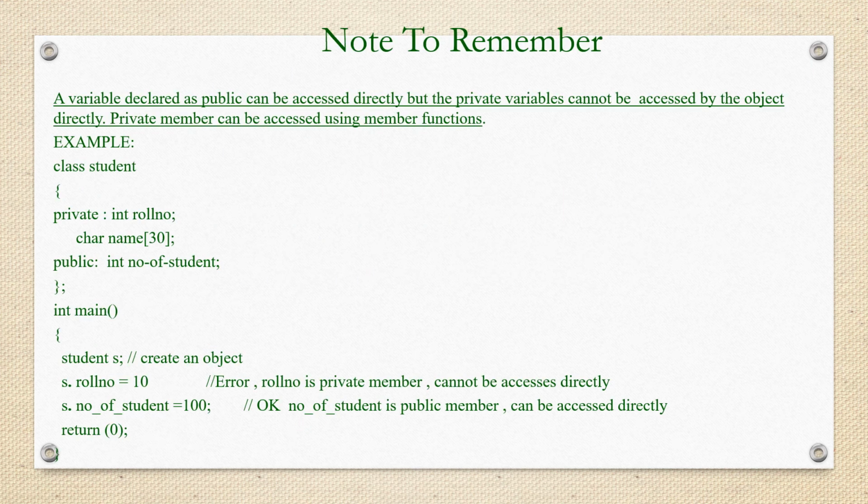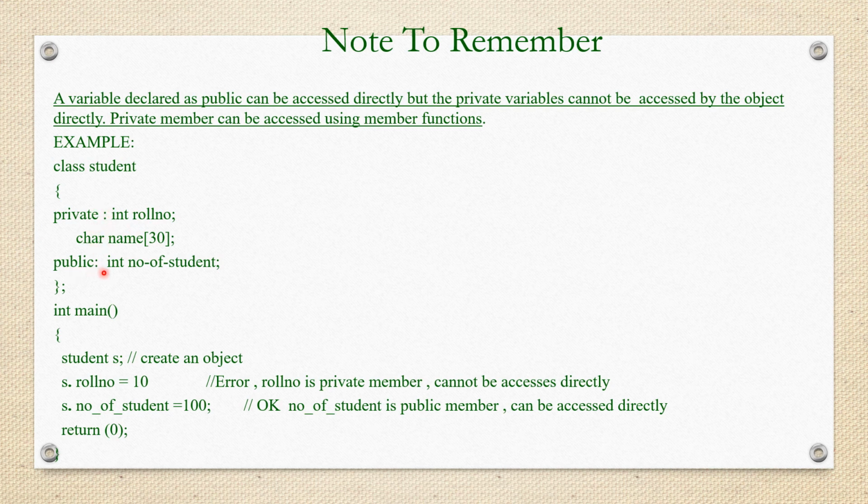Now this is a very important note that you have to remember. As we already learned this concept in access specifier, here I have to mention it explicitly. Class student, then private: integer roll number, char name 30. These two, integer roll number and char name, we declare in the private access specifier.